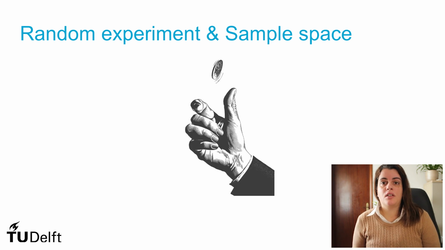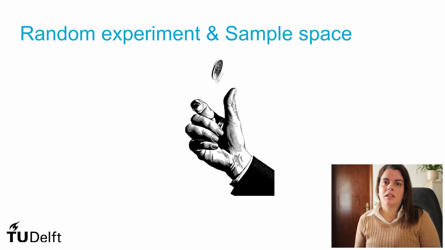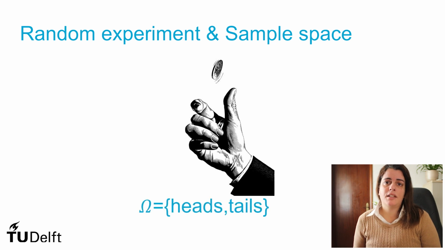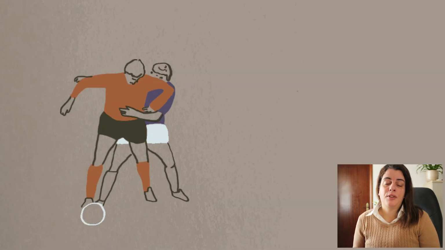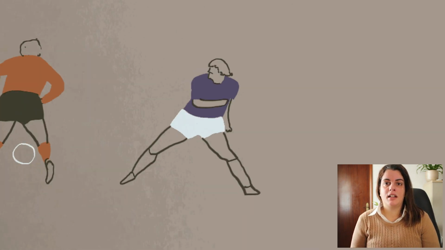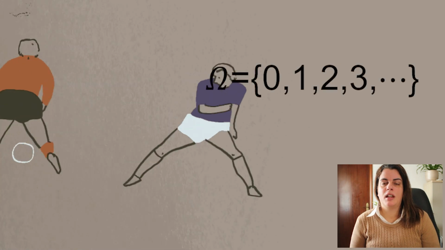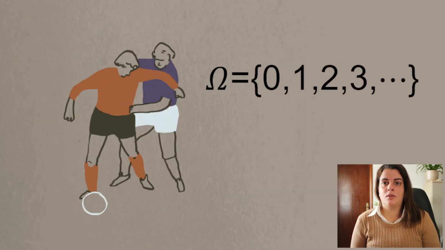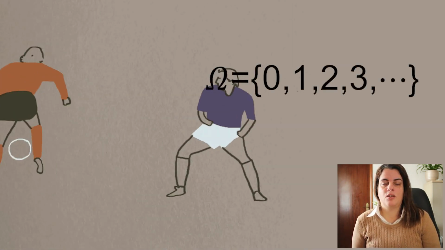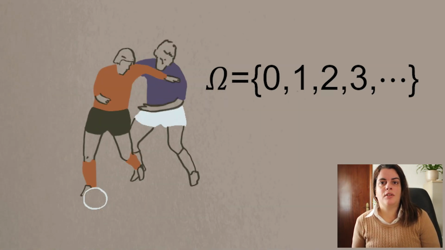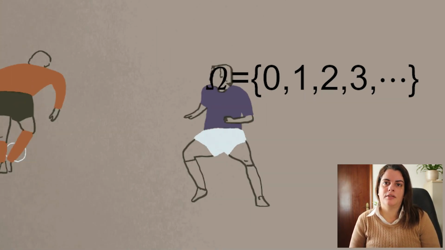While if you toss a coin, which is another random experiment, you can expect to find heads or tails. If you observe the number of goals that are scored in a soccer match, that's another random experiment. And the sample space is 0 when 0 goals have been scored, 1, 2, 3, 4, and so on until infinity.